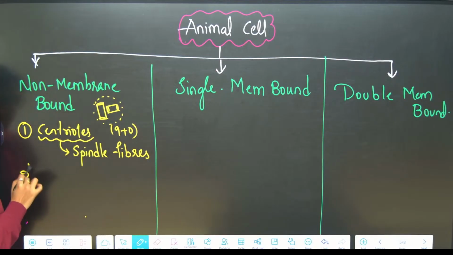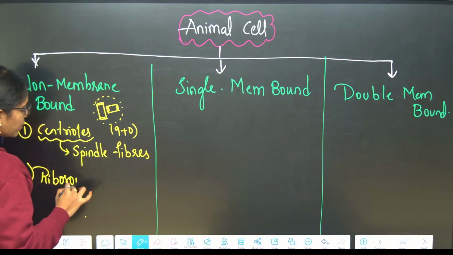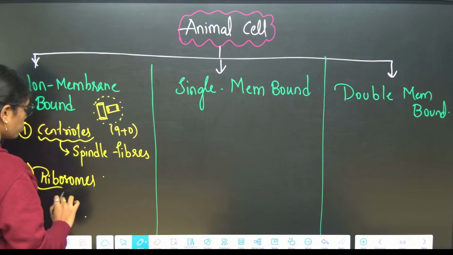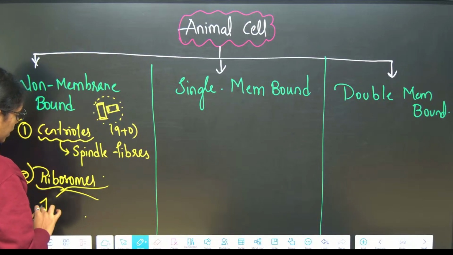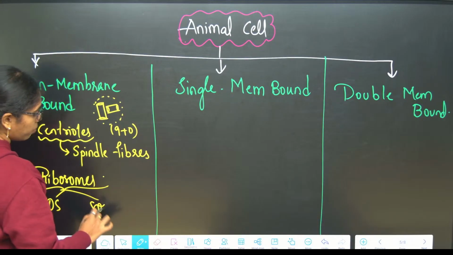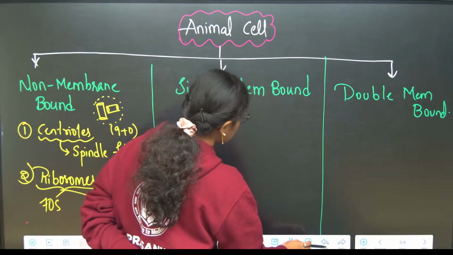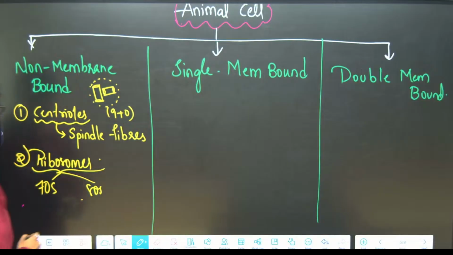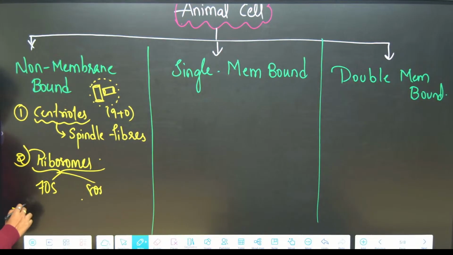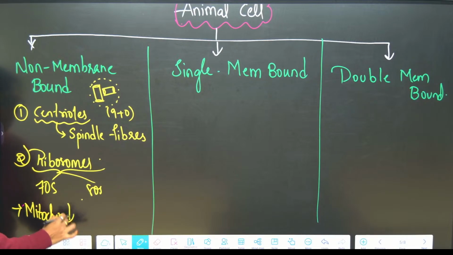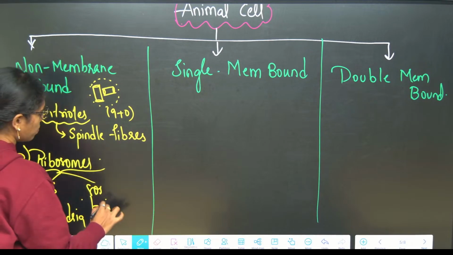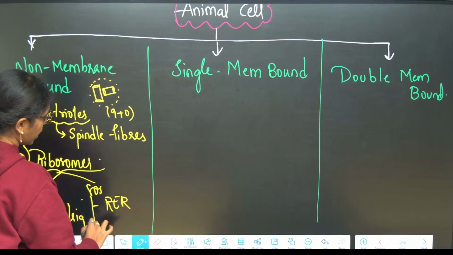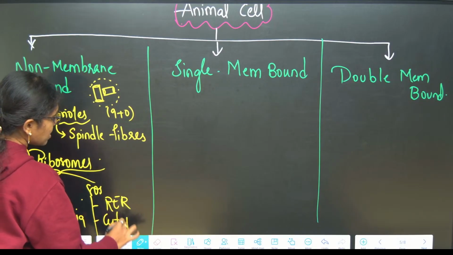And the second non-membrane bound organelle is the ribosome. As we have discussed, what type of ribosomes are present? Both 70S and 80S type of ribosomes are present. 70S type of ribosomes are present in mitochondria. 80S type of ribosomes you observe above the rough endoplasmic reticulum and inside the cytoplasm.